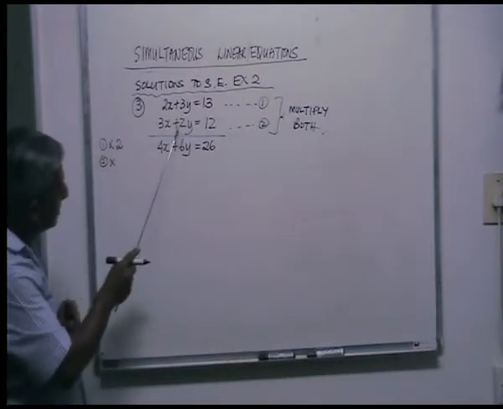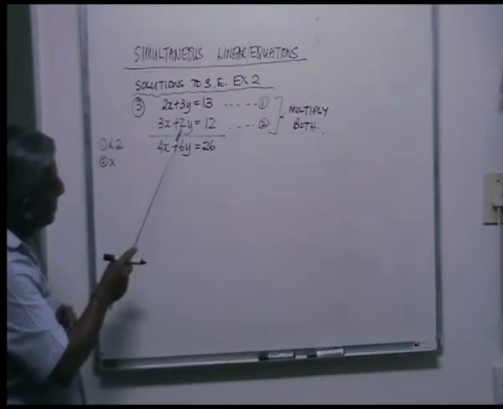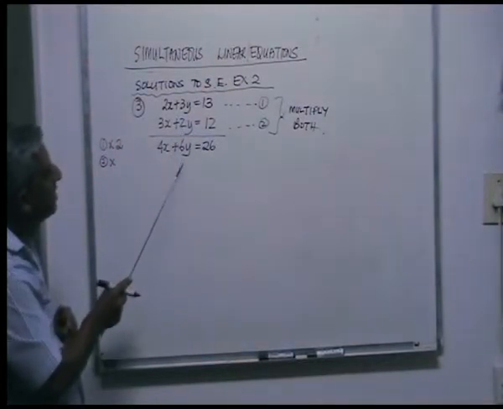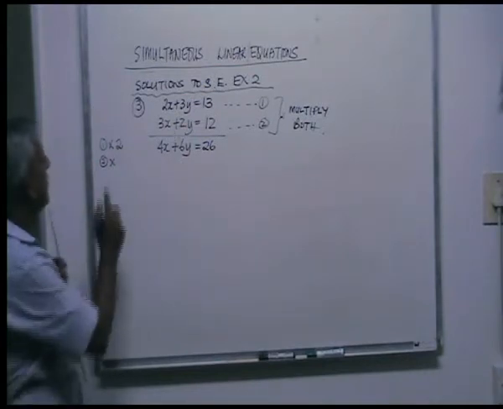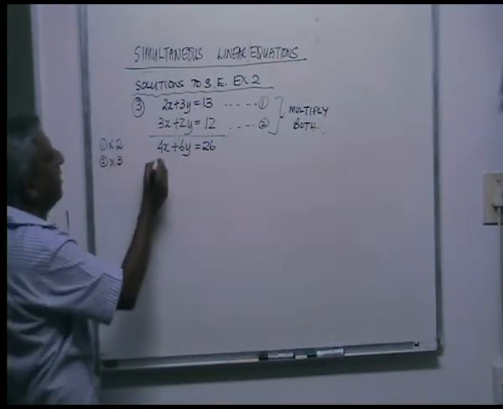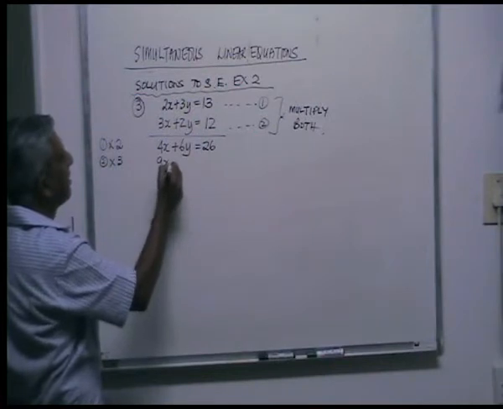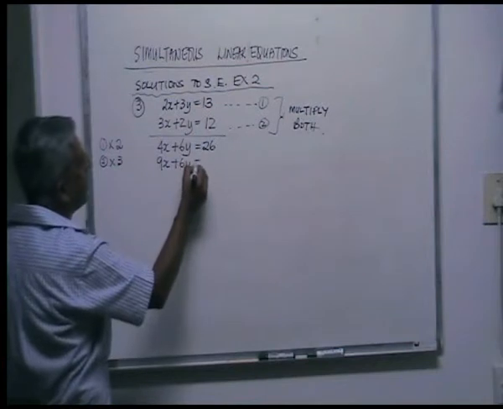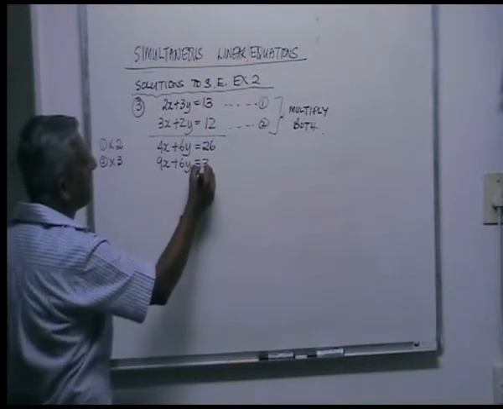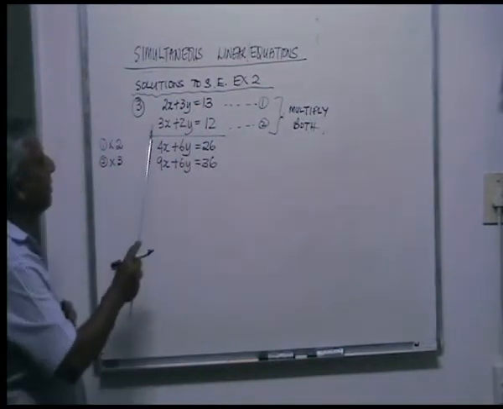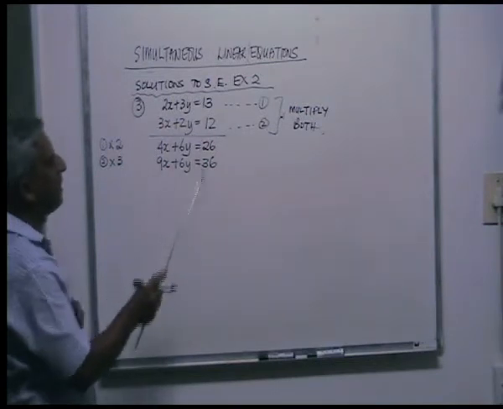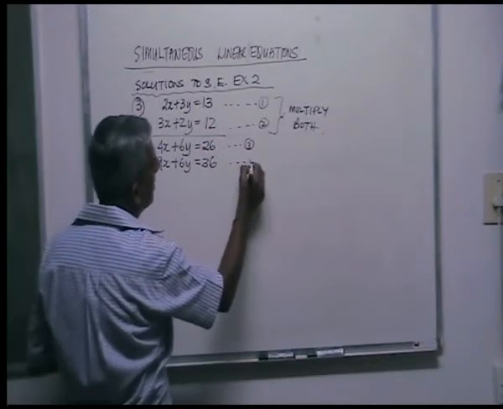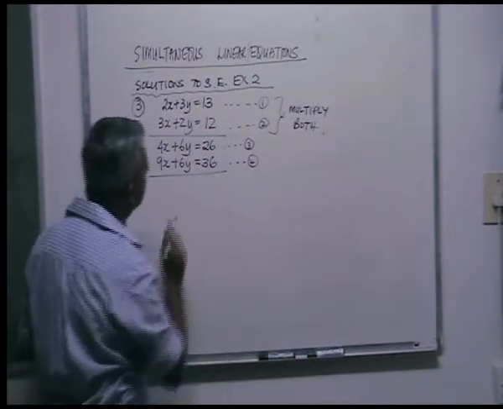I want to make this 6, so I must multiply this by 3, because 3 2's gives me 6. So 3 3's 9x plus 3 2's 6y and 3 12's 36. Number that becomes 3, and that becomes 4.